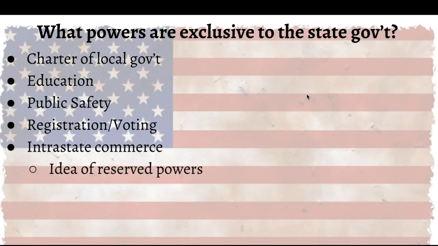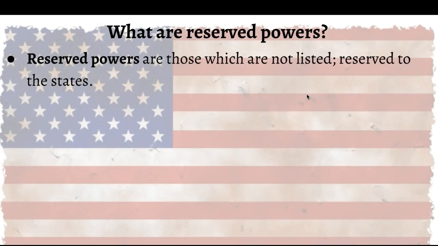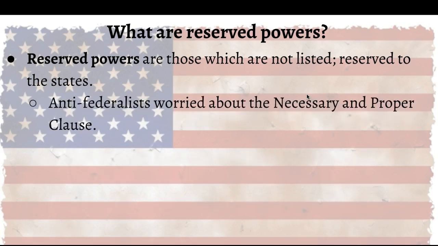And then you've got this idea of reserved powers. Let's talk about reserved powers. Reserved powers are those which are not listed, but are reserved to the states. Anti-federalists worried about the necessary and proper clause. They were not really excited with this clause that's sort of thrown in there to give the national government a lot of leeway.